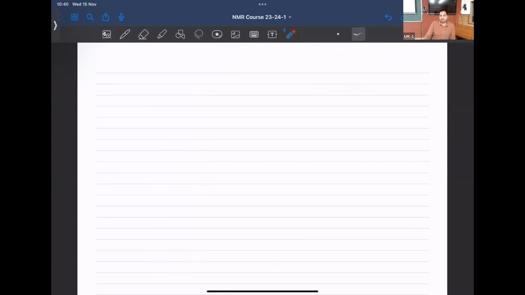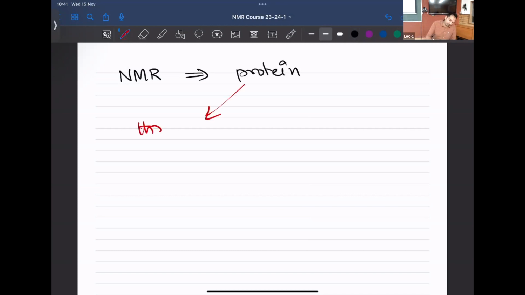Any other questions? Okay. Let's rewind back and try to understand what we did for the last few classes. Our purpose was to say, how does NMR help in biomolecular structure determination? We took protein as an example. The first part we discussed was through bond experiments.